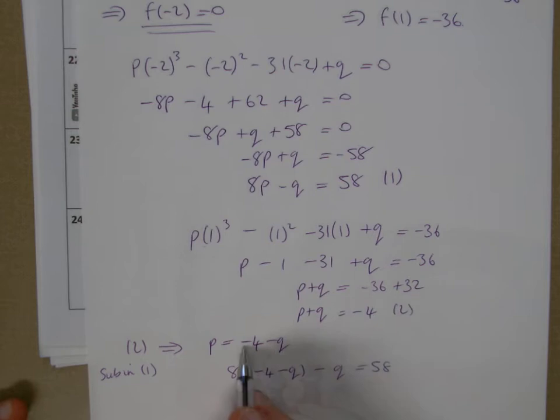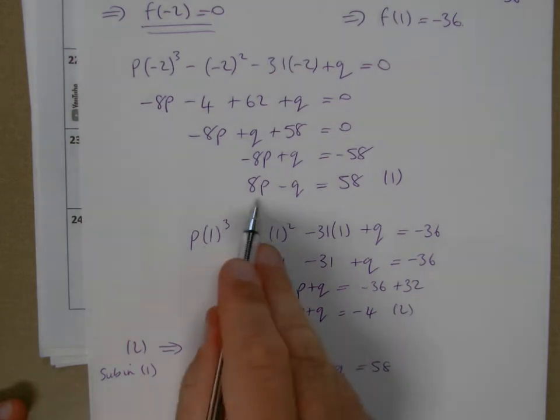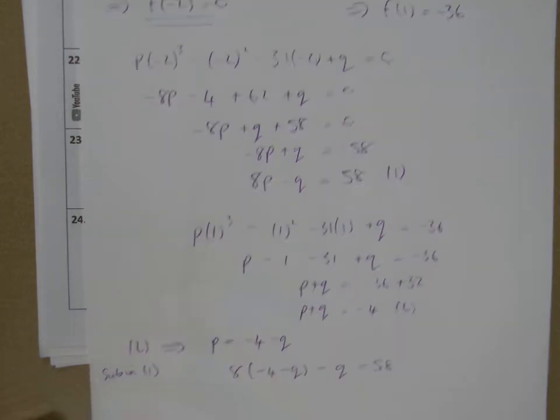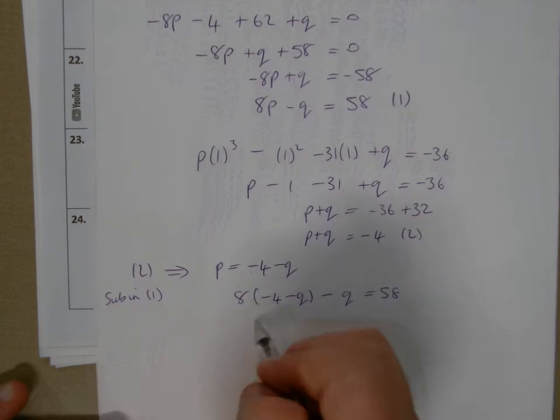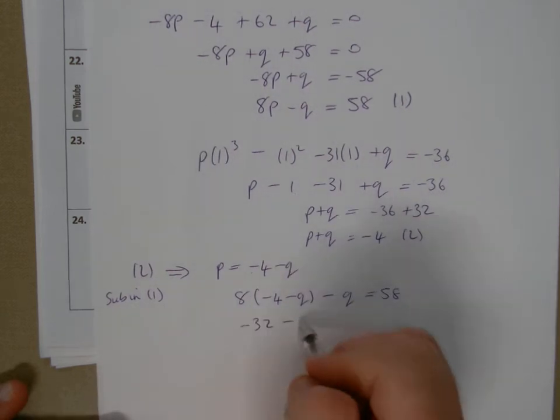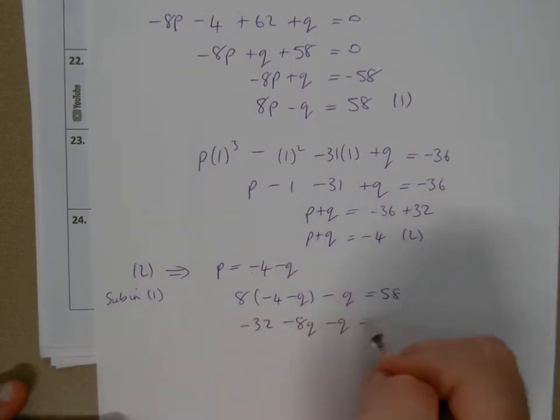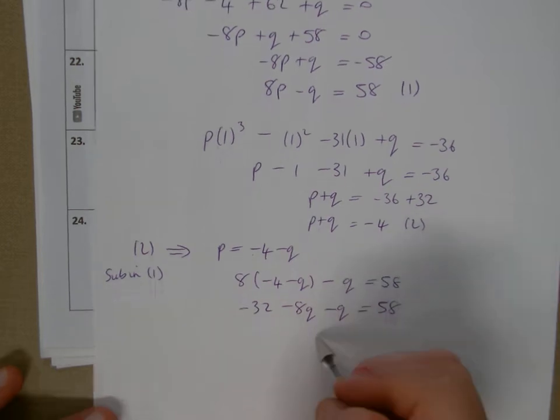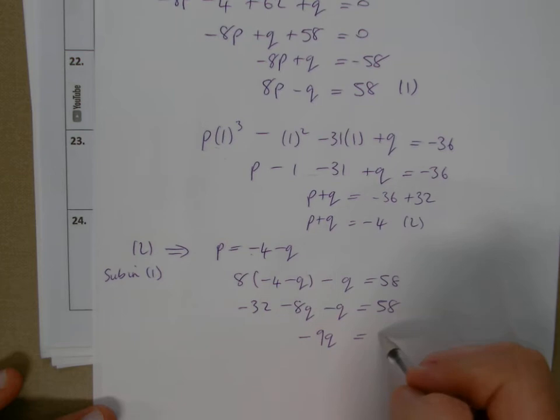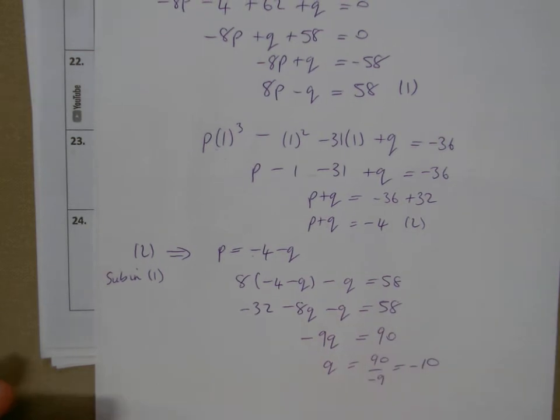So I'm subbing p in here, then we multiply that out: minus 32 minus 8q minus q minus 58. This will be minus 9q. Take the minus 32 over, becomes plus 32, so I get 90. So q will equal 90 divided by minus 9, which equals minus 10. So I've got my q out.